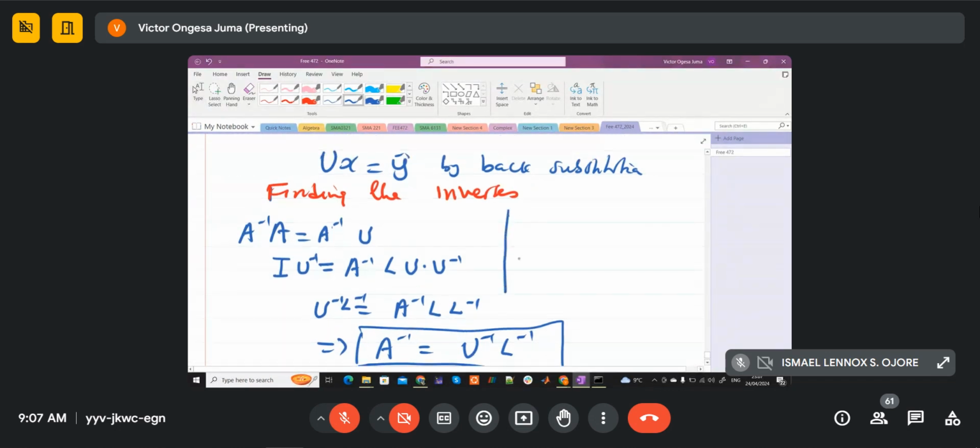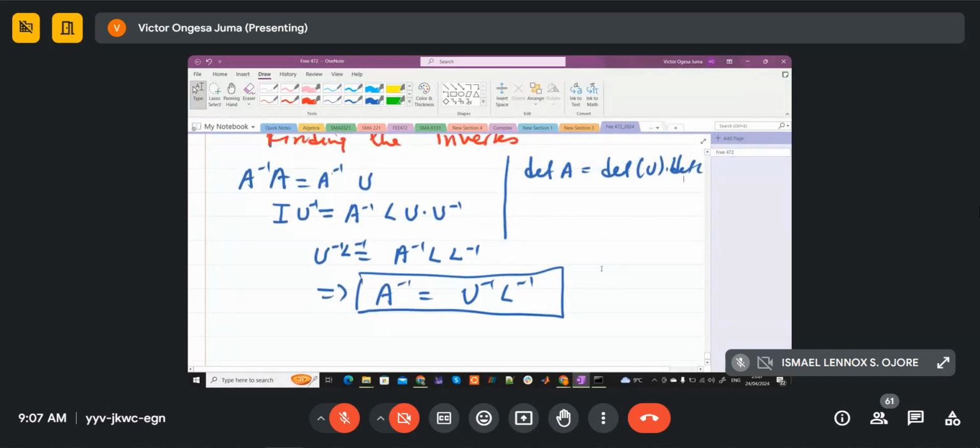And if you want the determinant, then the determinant of A is the same as the determinant of U multiplied by the determinant of L. If you have a triangular matrix, finding the determinant is very easy because you just multiply elements along the main diagonal.